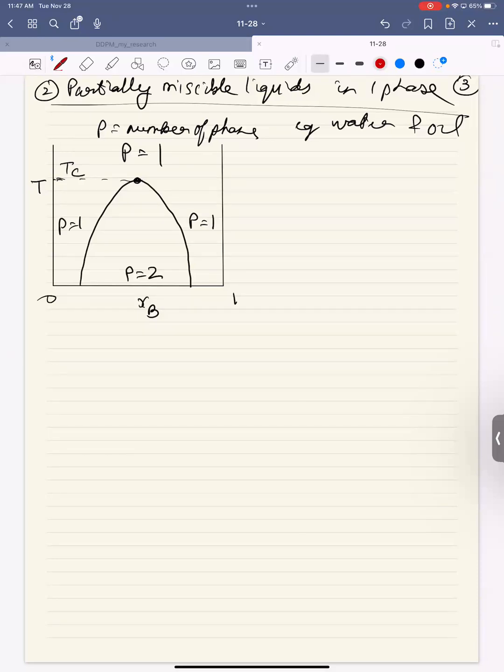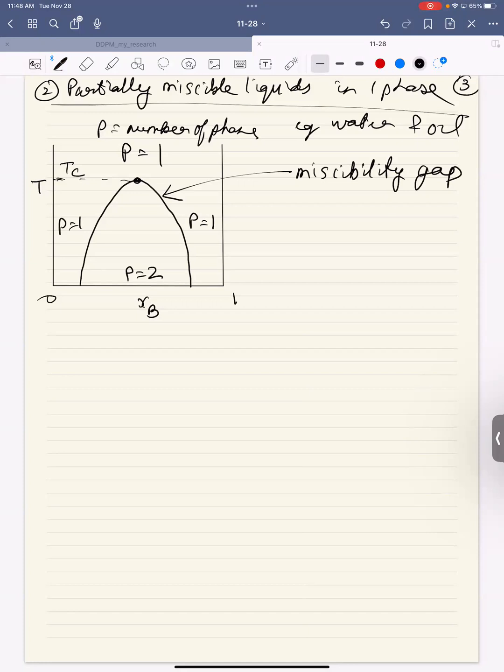So the boundary that you're seeing over here, first of all, this boundary is known as the miscibility gap, okay? This boundary tells you whether you are going to have a single phase region or a two-phase region, right? So again, if you have oil and water, and let's say XB is equal to the mole fraction of oil, right?